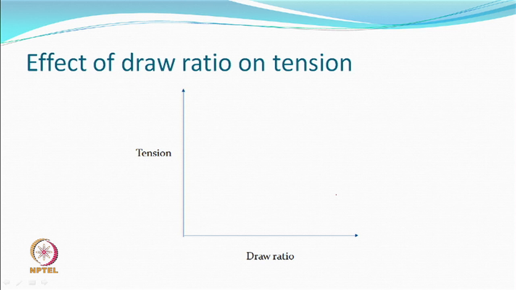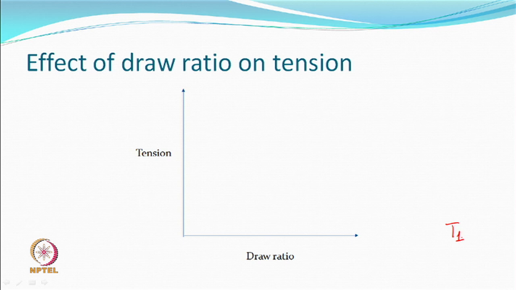So, before looking at that, because we found tension is an important parameter, let us look at that first, which we consider as the T1. If the draw ratio increases, because you are increasing, what will happen to T1? Doubts?